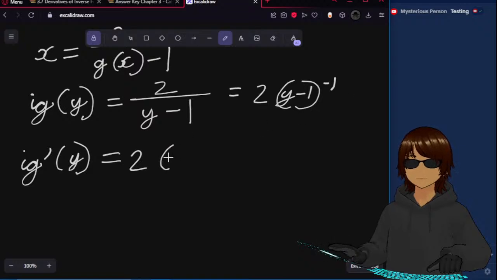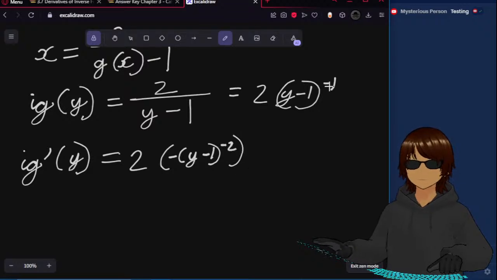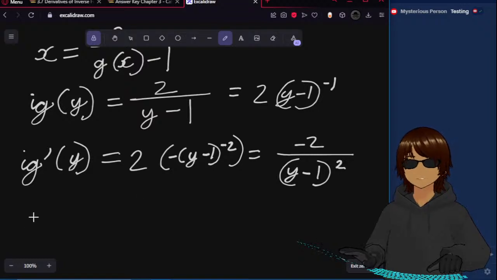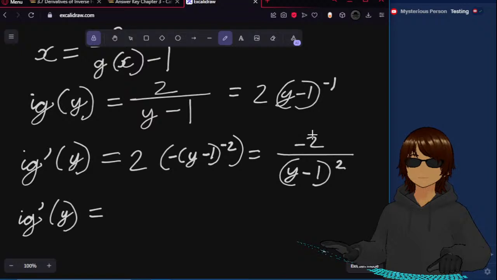Derivative, I think it's this, derivative of the outside and then the inside. So square, and then I can rewrite it like this because this is mentioned in here.